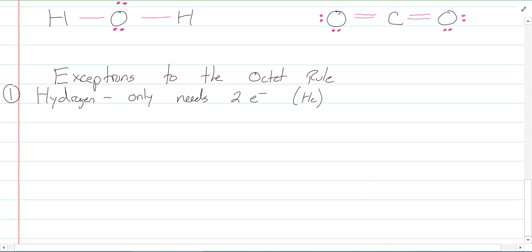And we've already been doing that. All right. Some elements can have too few electrons.